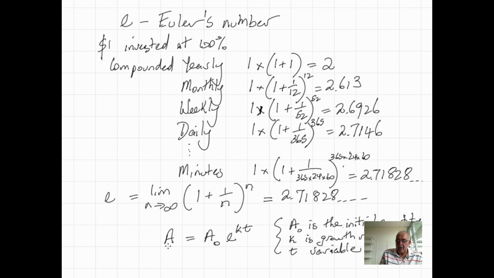So this would give you the final amount, given that we have a growth rate and an initial amount, and A would be the amount that there is after time t.